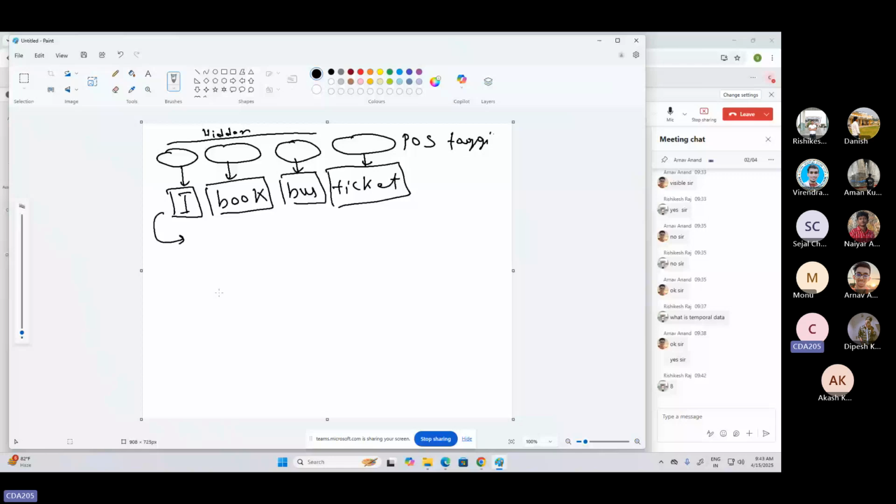The concept is that in the problem, we are given the hidden state and the observed state. From the observed state, we can find the hidden state, or from the hidden state, we can find the observed state. Now, let us see the machine learning model. In the machine learning model, we give the training set to train the model. We give the test set and it gives the prediction.